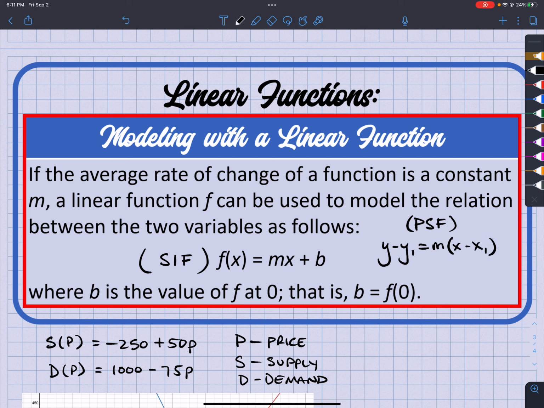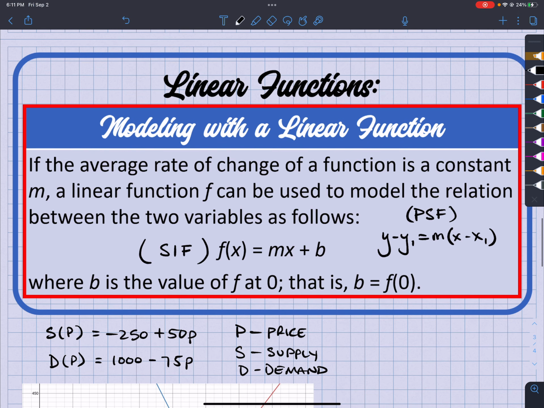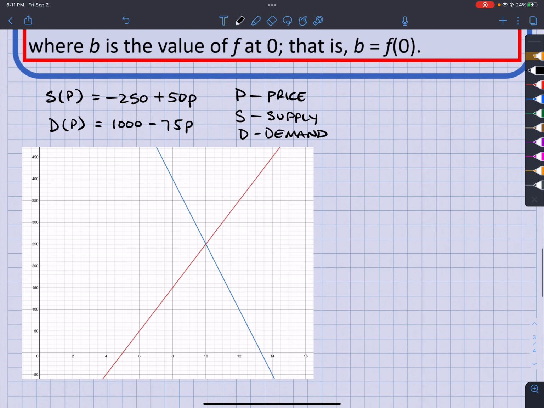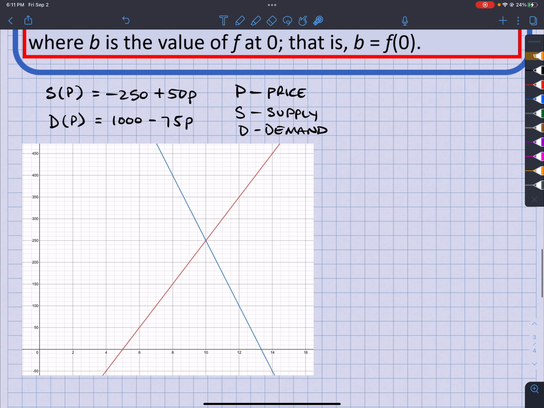Okie doke. All right, so let's compare two lines when they're given to us, right? So let's say that we're talking about supply and demand, and the supply came up with an equation of negative 250 plus 50p, and the demand came up with it as 1,000 minus 75p.